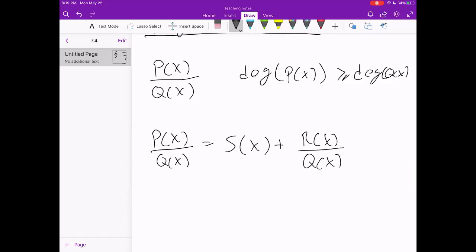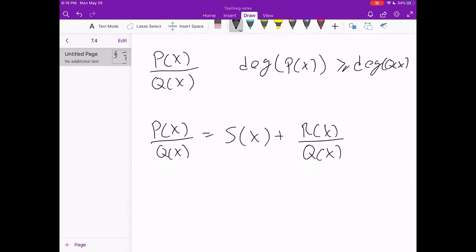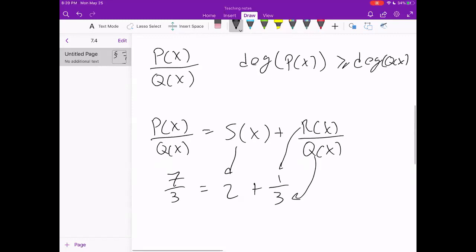Think about this in terms of dividing numbers. If I were going to do 7 divided by 3, I could write this as 2 plus 1 over 3. This corresponds to the number of whole times I can divide into this. This r of x is the remainder, and s is the quotient. I can do the exact same thing with polynomials.